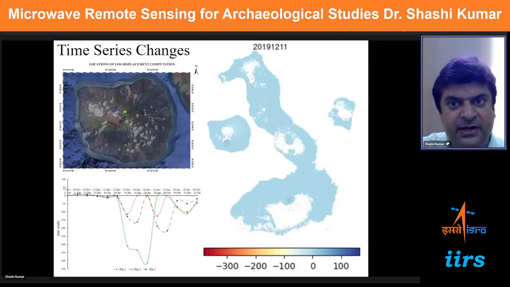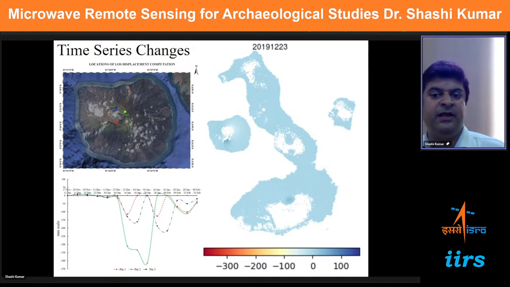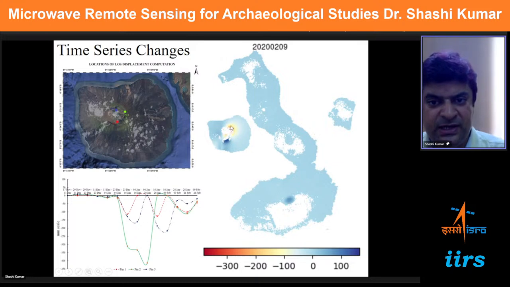When we did the mapping with the help of SBAS, you can see that particularly when there was a volcanic eruption, the changes are occurring, and you can find out the subsidence rate for different regions or locations. So with the help of SAR interferometry, we can do the mapping and monitoring of subsidence also.